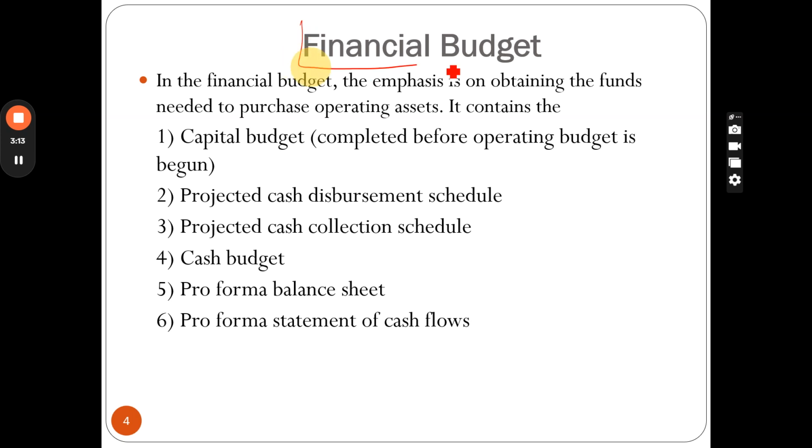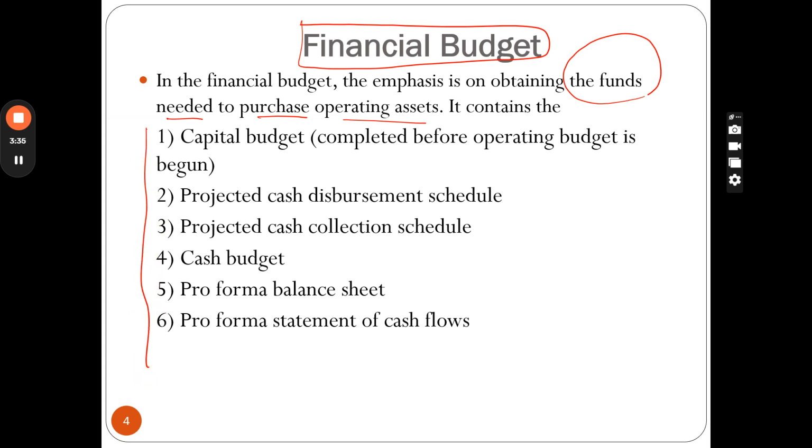Then you may also have the financial budget. Here the emphasis is on the funds needed to purchase operating assets and how you are going to use them. In this you again have a number of budgets.